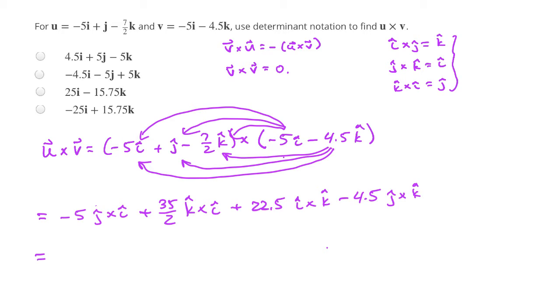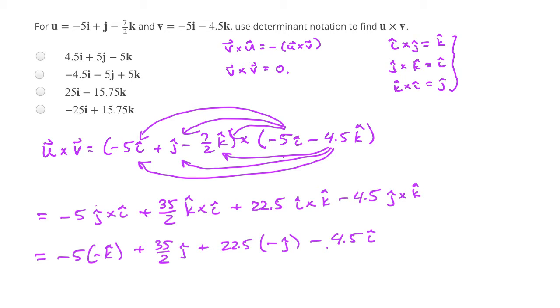So now, using our cyclic permuted properties, with a j cross i, that becomes a minus k. Our k cross i becomes a j, with the 35/2. We have a 22.5, and then our i cross k is also going to give us a minus j. And then our j cross k is going to give us an i.